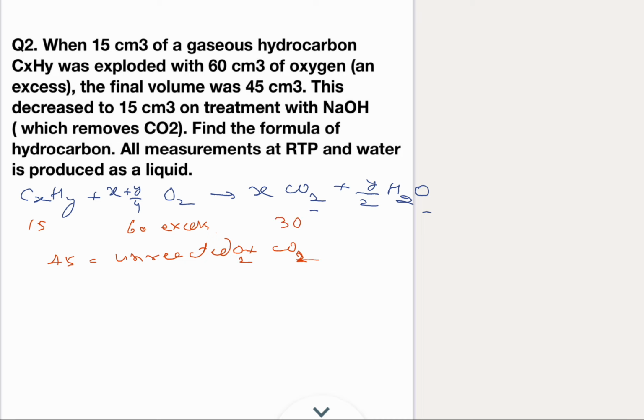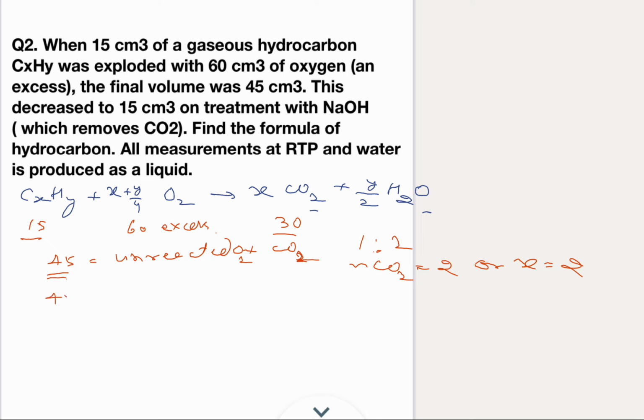Now you can see that the ratio of CxHy and carbon dioxide is 1 to 2. So therefore the number of moles of carbon dioxide is equal to 2, or x is equal to 2. Now you see the volume that was left after the combustion, 45, is equal to unreacted oxygen plus carbon dioxide.